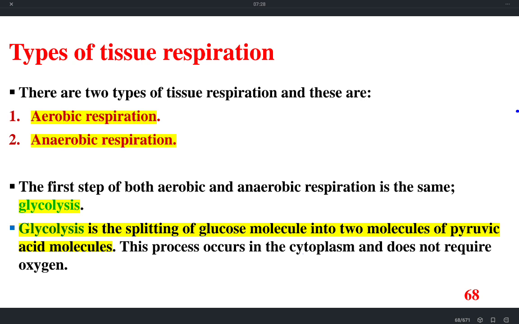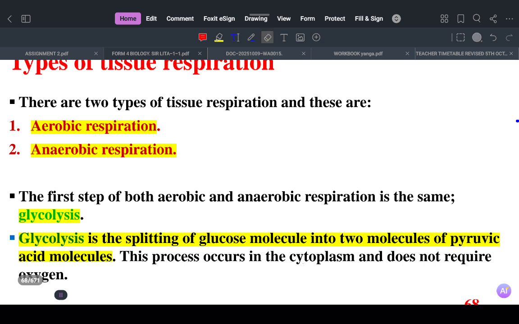We said that respiration is simply a series of reactions in which biological molecules, organic molecules such as glucose, are broken down in the cells to produce energy, the energy we need to carry out different activities in our body. It's a very useful process.